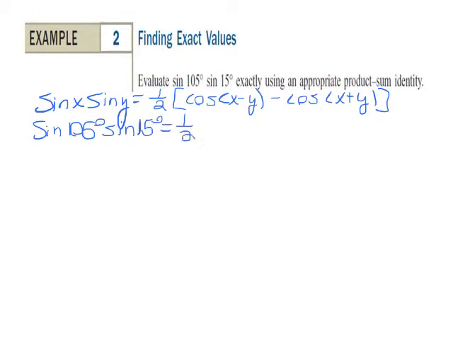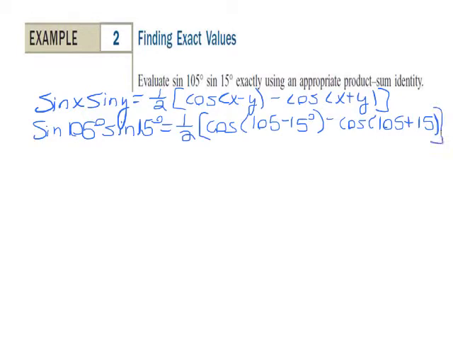Now let's just replace our variables. So the cosine of 105 minus 15 degrees minus the cosine of 105 plus 15.